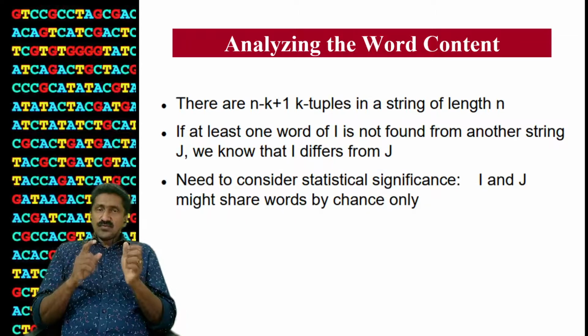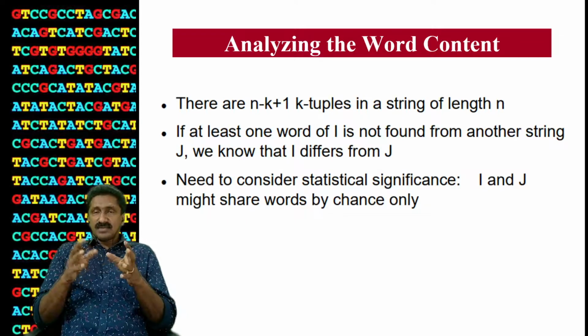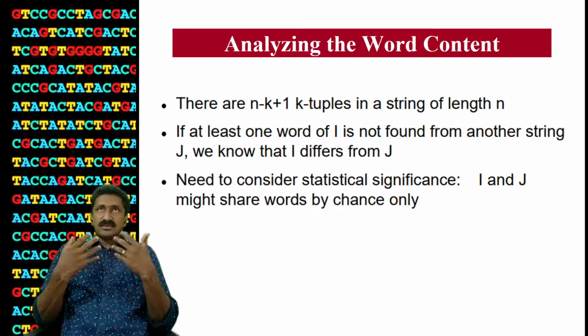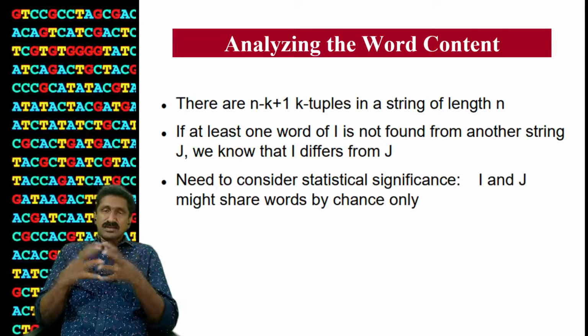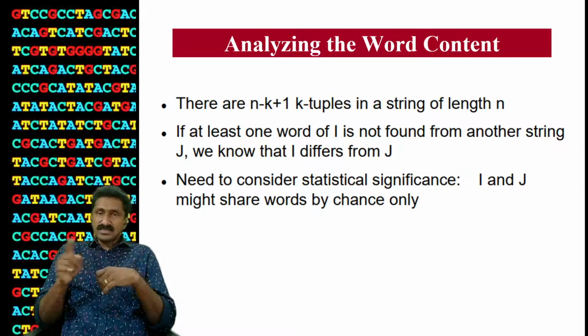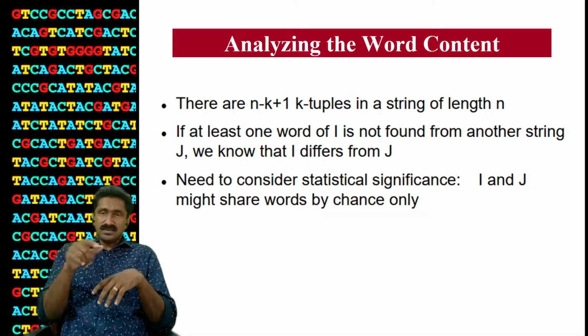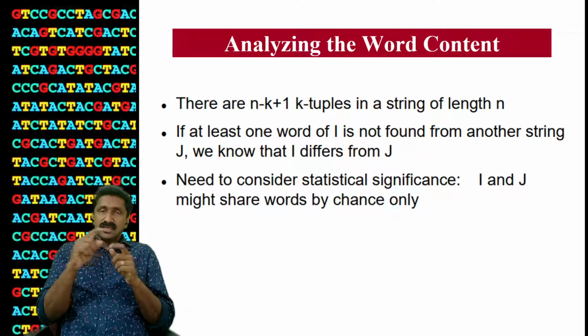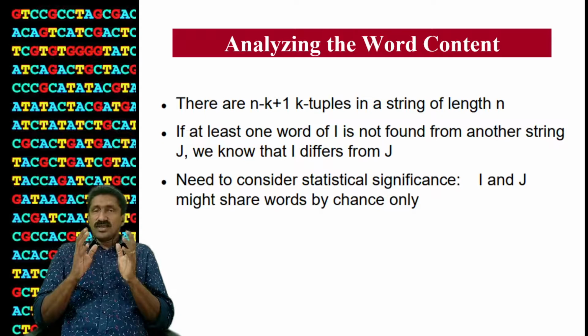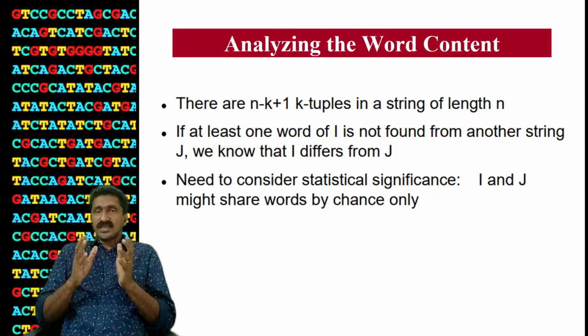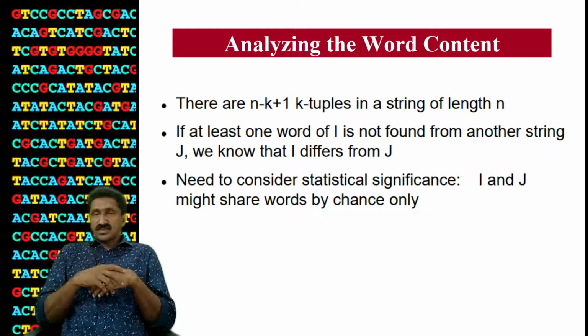And if at least one word of I and j, where generally when you are expressing such query strings, I and j are considered in mathematical terms as the x and y axes, representing string I and string j, which will be represented in the comparison matrix on x and y axes. So if at least one word of the first string, that is I, is not found in the second string that you are comparing.